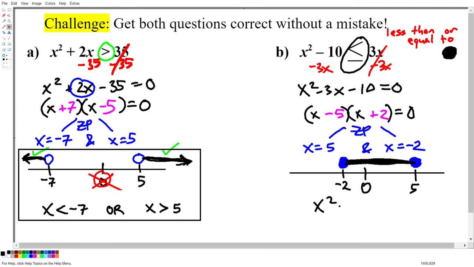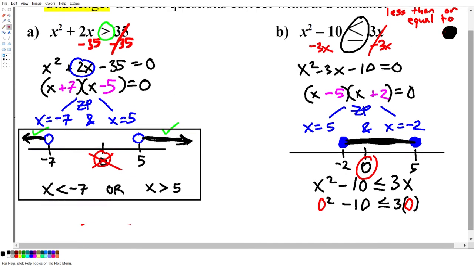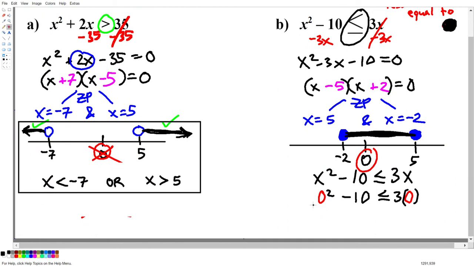So x squared minus 10 is less than or equal to 3x. Let's plug in the number 0 to see if it works. We have 0 squared minus 10 is less than or equal to 3 times 0. So 0 squared is 0, and 0 minus 10 is less than or equal to 0.